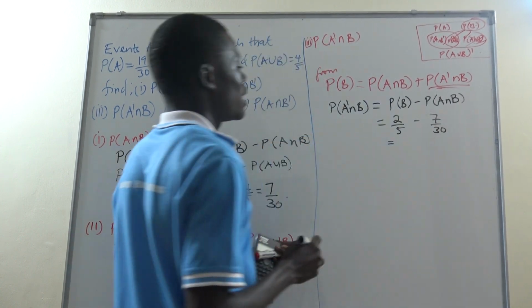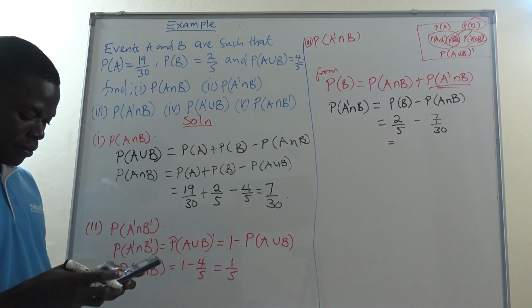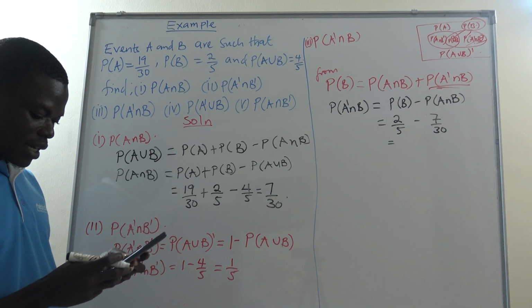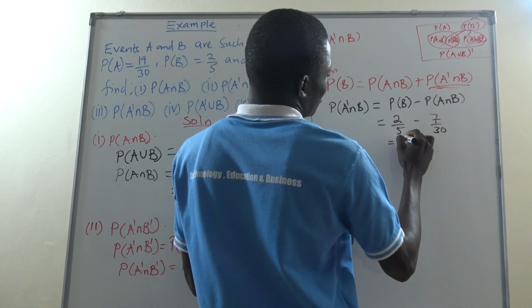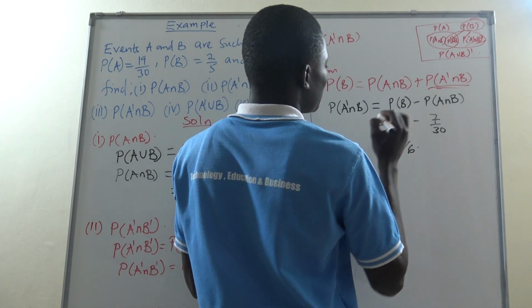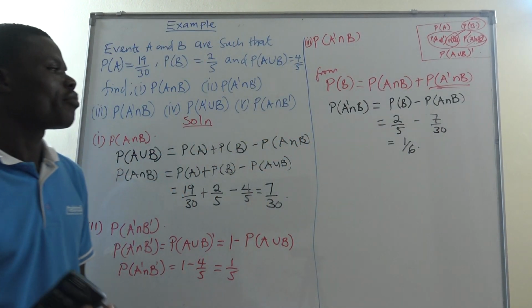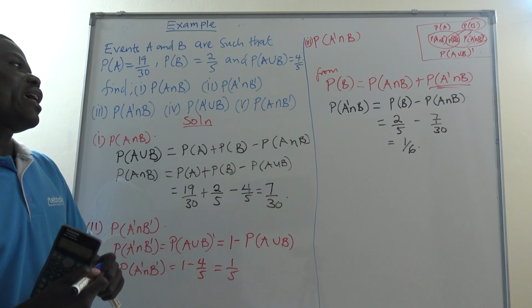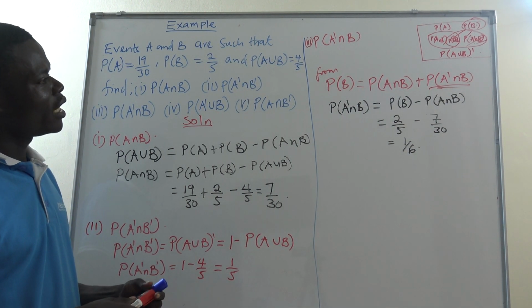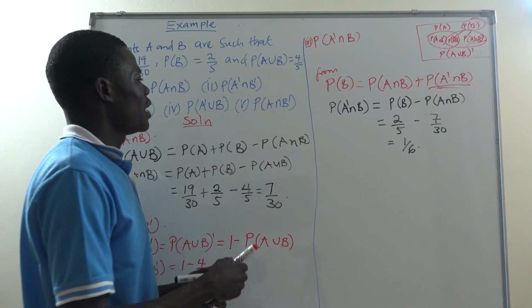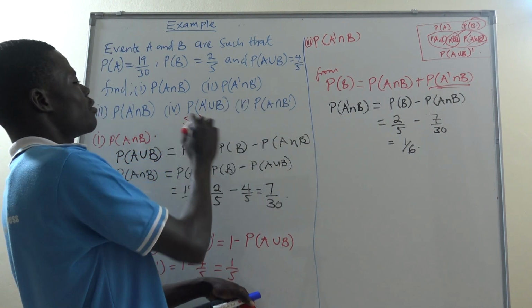So the answer here, 2 out of 5 minus 7 out of 30, we get 1 out of 6. So that one becomes our probability of A complement intersection B.